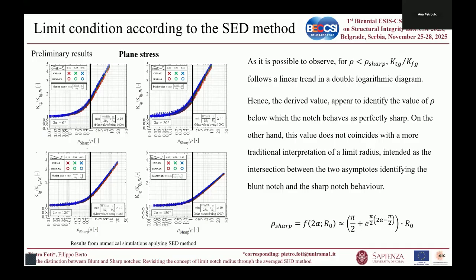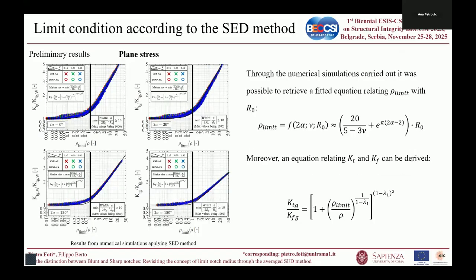As you can see, there is a change in behavior, but the value that we have estimated by making just geometrical considerations doesn't coincide with the conventional blunt notch limit that is usually found in literature.